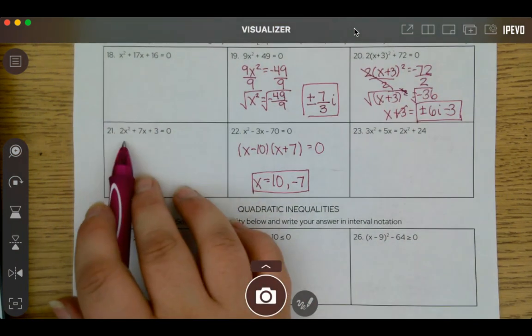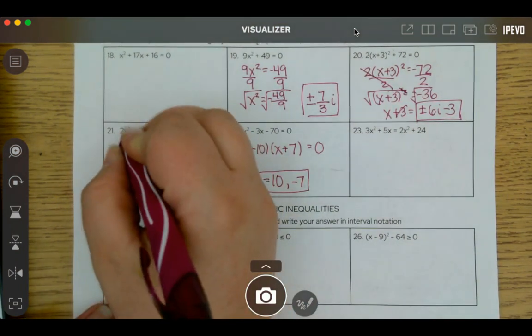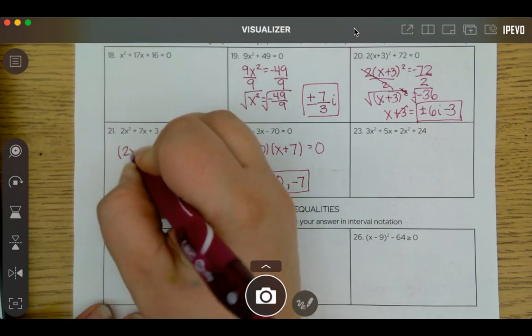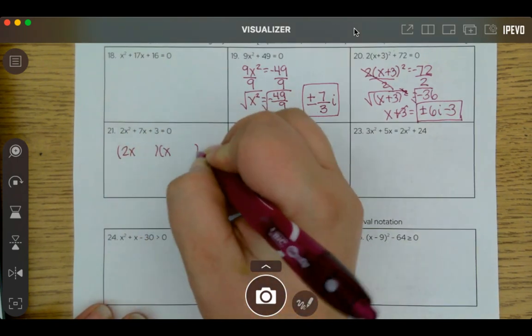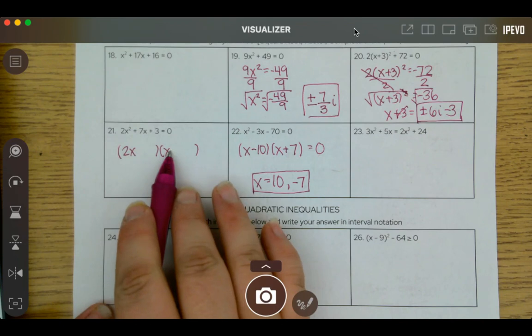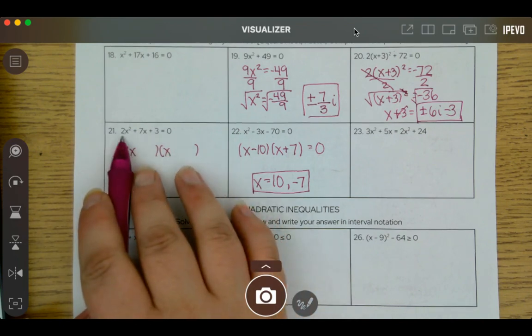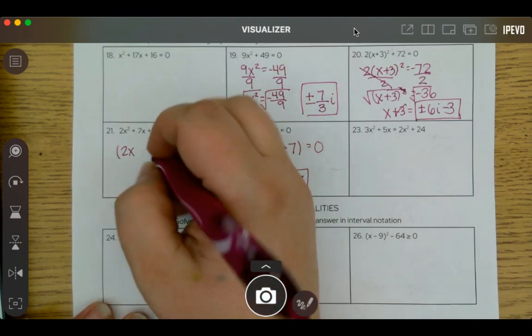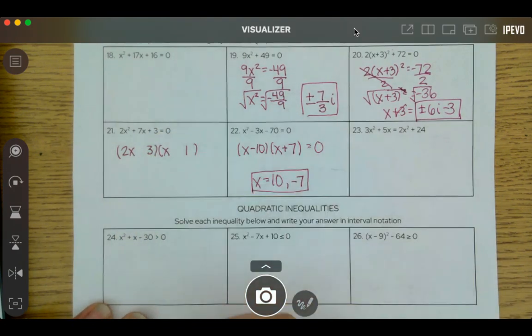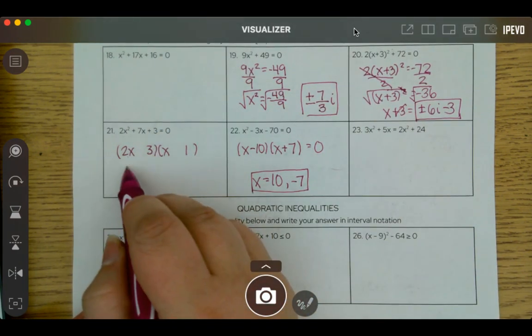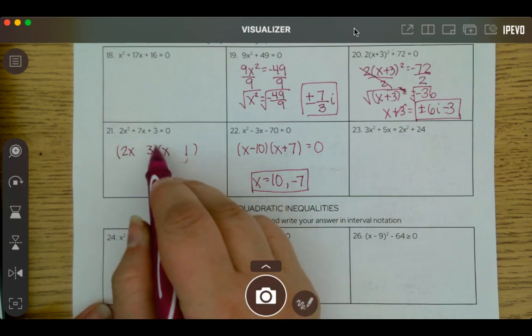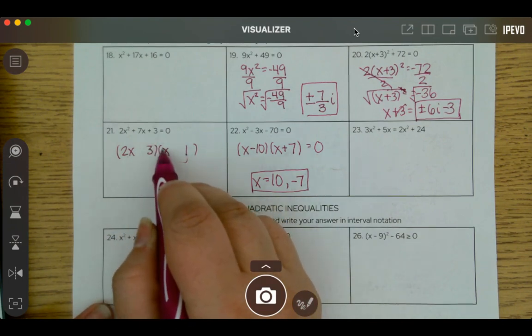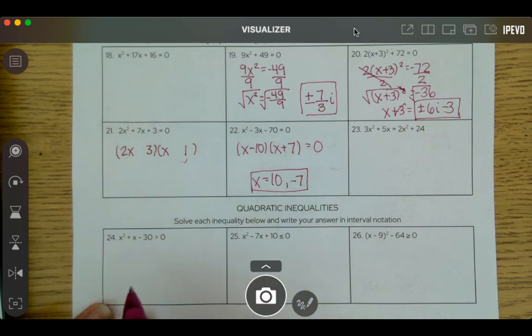Okay, you can factor this one if you want to, but if there's a number in front, you have to make sure that this multiplies to 2x squared like that. Then 1 times 3 is 3, but you can't put the 3 here and the 1 here, because then this makes 2x plus 3x, which is 5x, not 7x.